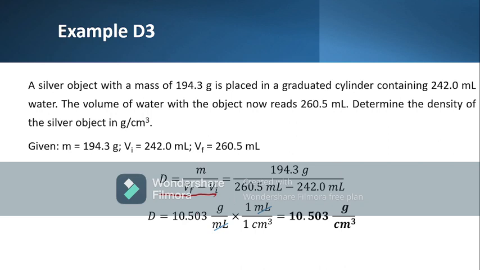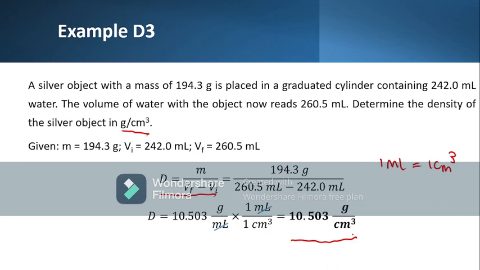So the answer is 10.503 gram per ml. But we're after gram per cubic centimeter, so I'm just converting: for every 1 ml, 1 cubic centimeter. As I said earlier, if it's in gram per ml, just write it as gram per cubic centimeter. It's the same, because it's 1:1. So the answer is 10.503 gram per cubic centimeter.